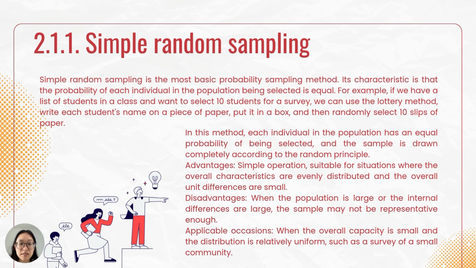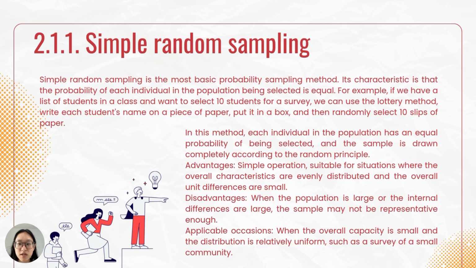And the first one is simple random sampling. Simple random sampling is the most basic probability sampling method. Its characteristic is that every individual in the population has an equal probability of being selected. For example, suppose we have a list of all students in a class and want to select 10 students for a survey. We can use the lottery method.